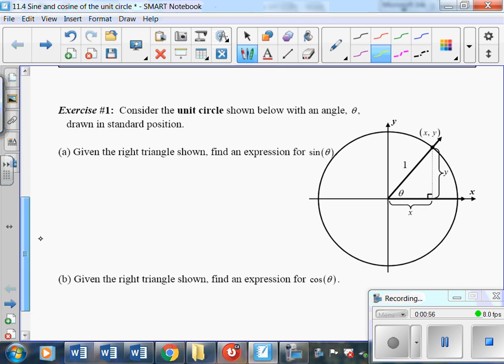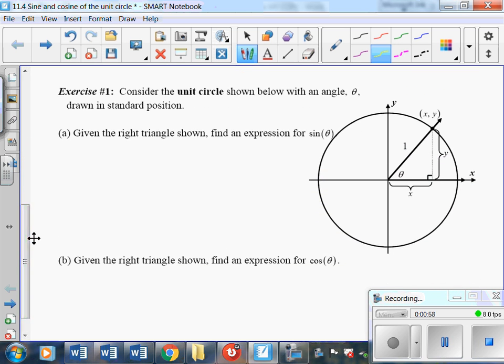All right, so exercise 1, consider the unit circle shown below with angle theta, drawn in the standard position. Well, here's theta right here. From here to here is our theta. Given the right triangle shown, find the expression for sine theta. So if this is my triangle, let's complete our triangle, which is right here.